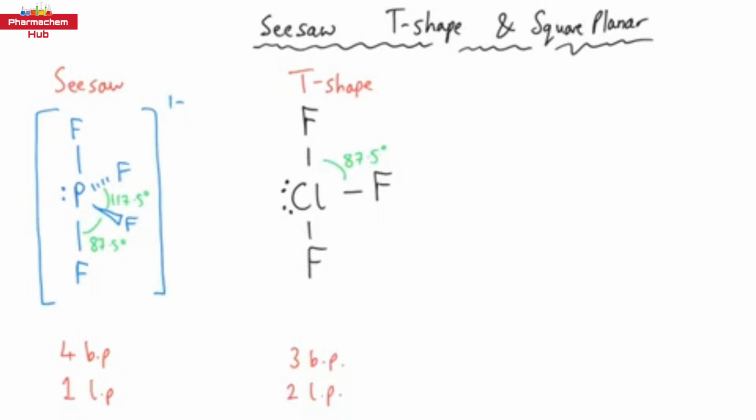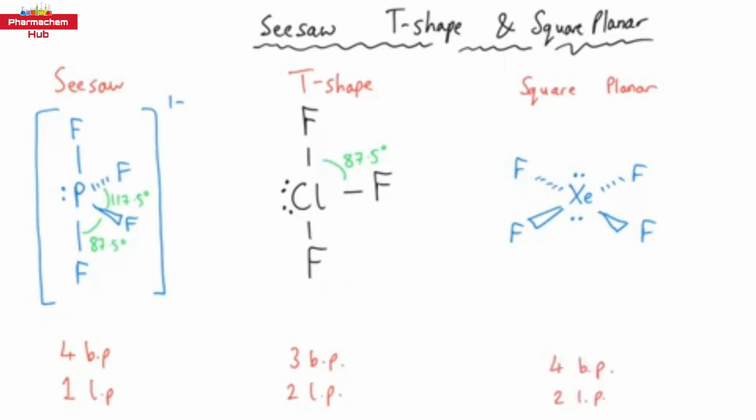And the reason I make a point of saying that is that the square planar shape is for the octahedral arrangement when you take away the 2 axial bonds. And so xenon tetrafluoride is the example that I've got here, and we've got a lone pair above and a lone pair below. So even though we draw it in 3 dimensions with the wedges and the dashes, it's a flat molecule with the lone pairs above it and below it, but we show it in perspective to allow us to visualize the lone pair's position more clearly.